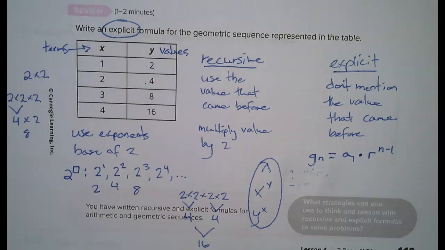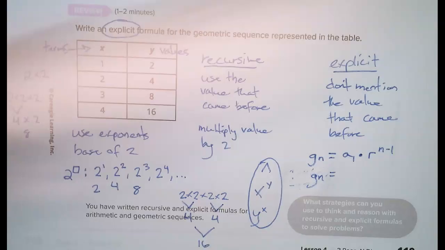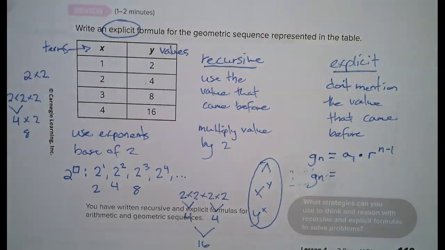And then we just plugged in our A sub 1, which means our first term, and we plugged in our R, and then we were done. So let's do that method first.